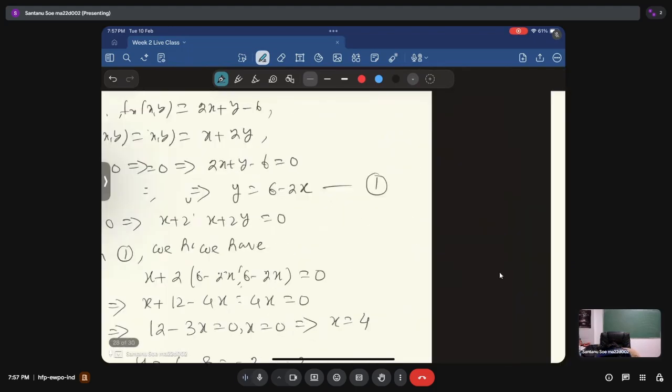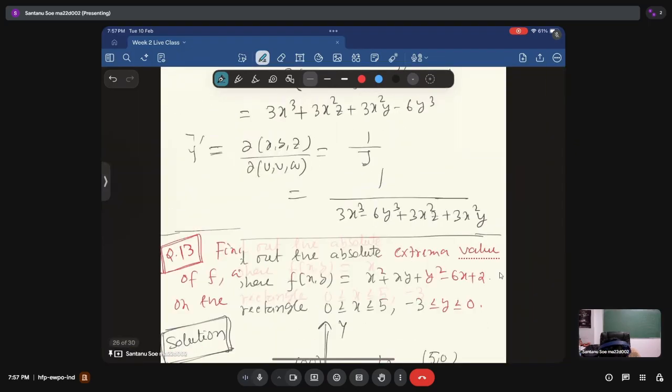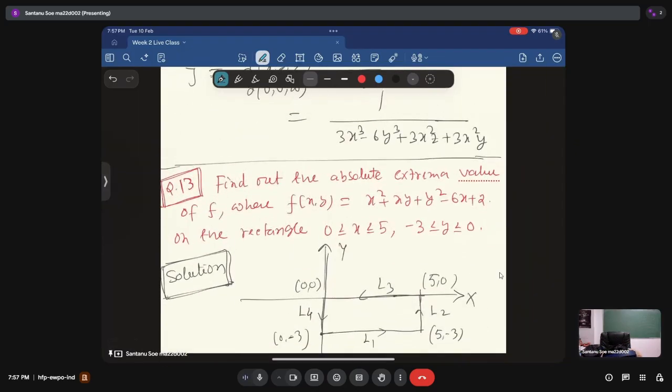Now try to see that this point (4, -2) belongs somewhere here, somewhere here, yeah. So it is an interior point of the rectangle.